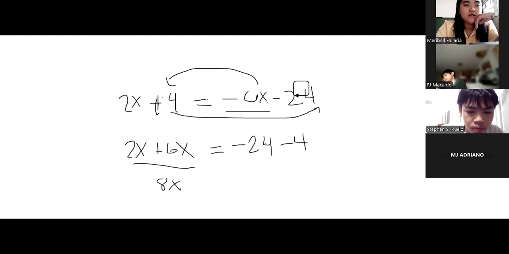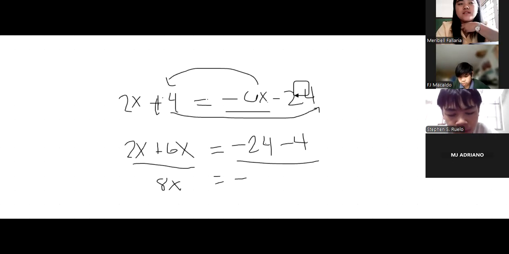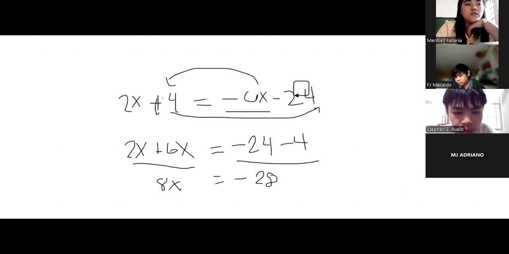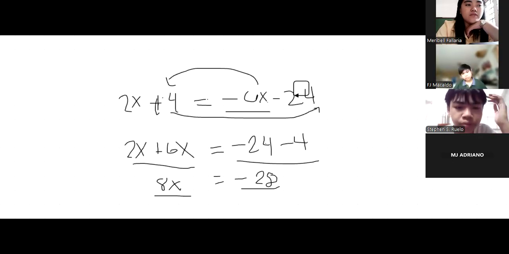Okay, next. If we have negative 24 and then negative 4, what are we going to do? Add. Very good. Just copy the sign and then 24 plus 4 is 28. So after we solve, what are we going to do? We divide by 8. Very good.